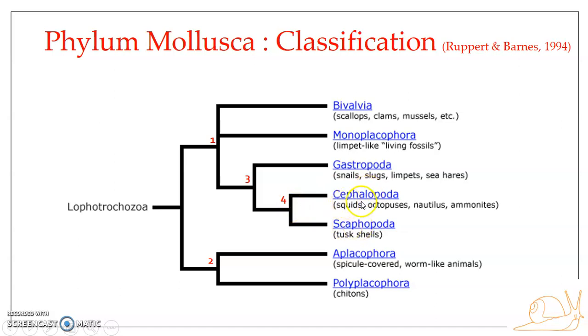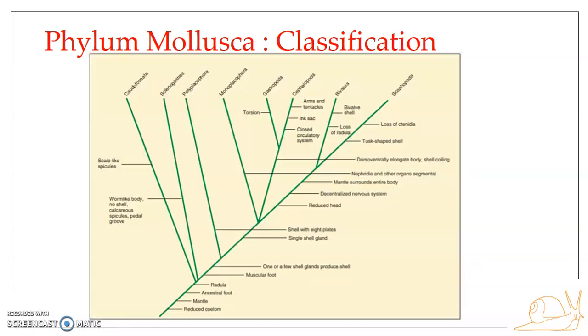So Cephalopoda and Scaphopoda are recently evolved classes, considered to be the advanced mollusks. While Bivalvia, Monoplacophora, Aplacophora and Polyplacophora are considered primitive groups. Among these, Aplacophora is considered to be more closely related to the ancestral mollusks because of certain characters they possess.